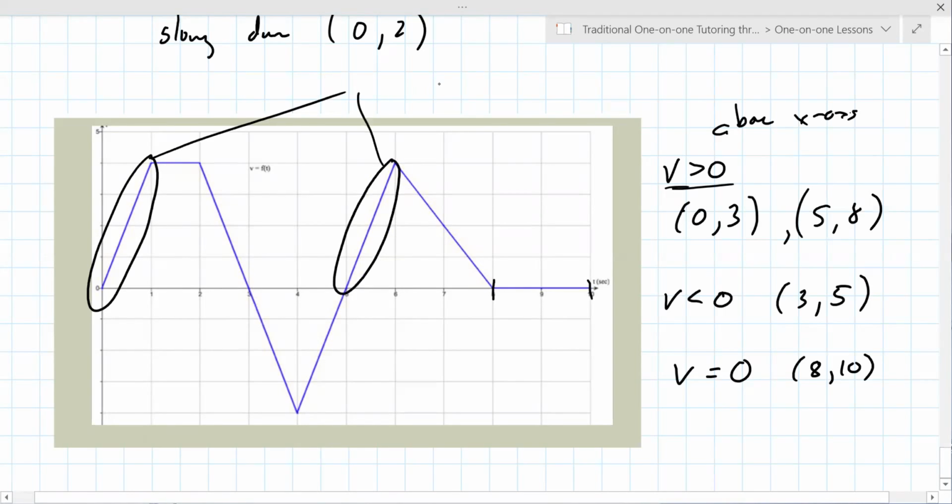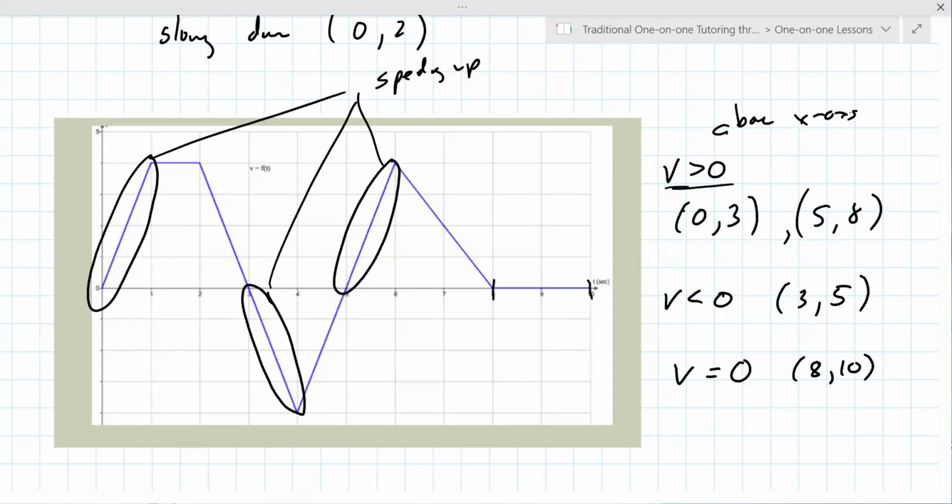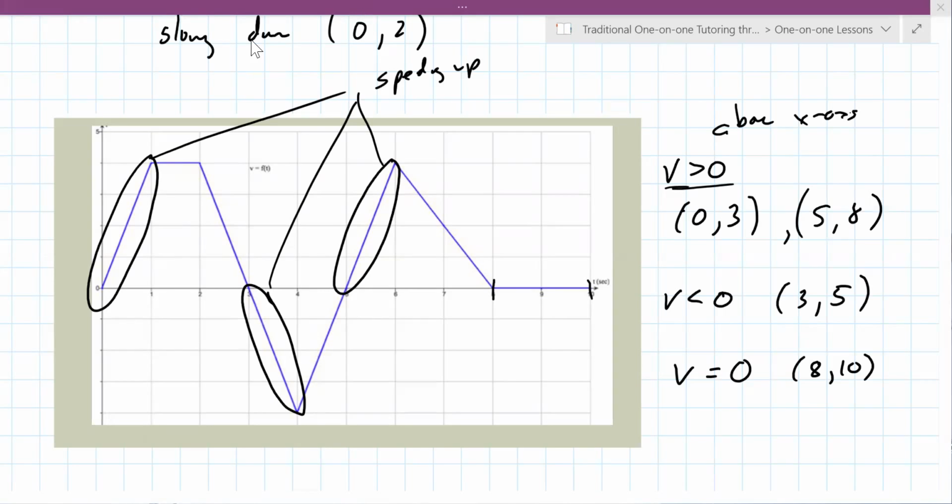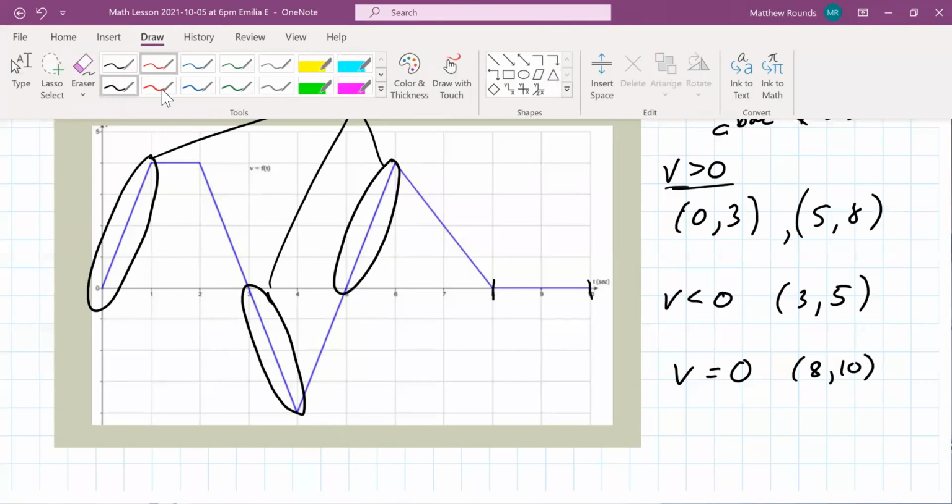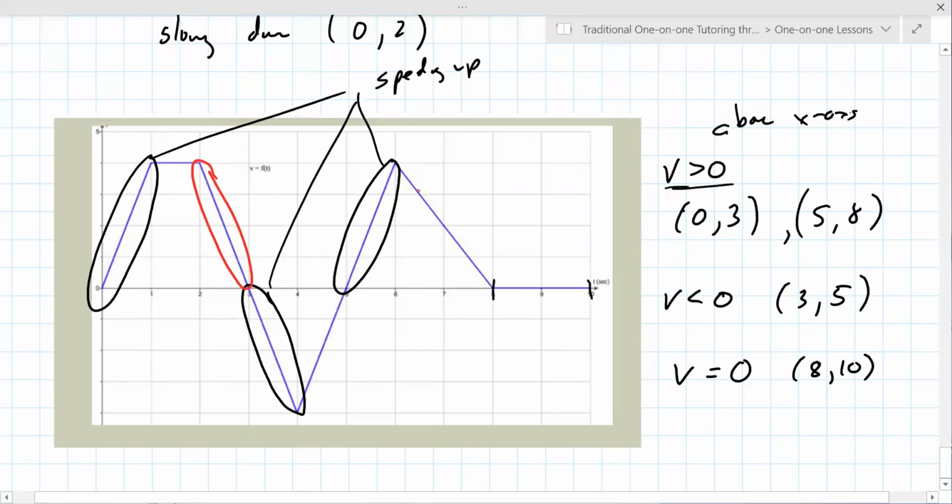And 3 to 4 because it's going down and down. These are all speeding up. And then slowing down is 2 to 3 and 4 to 5, 6 to 8. Yes, in the other regions, it's slowing down. So let me do it in red, because it's already in red. These are the slowing down regions.